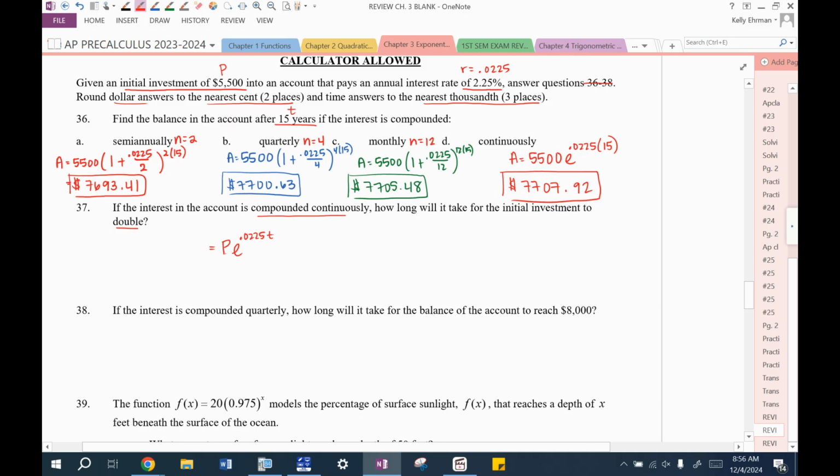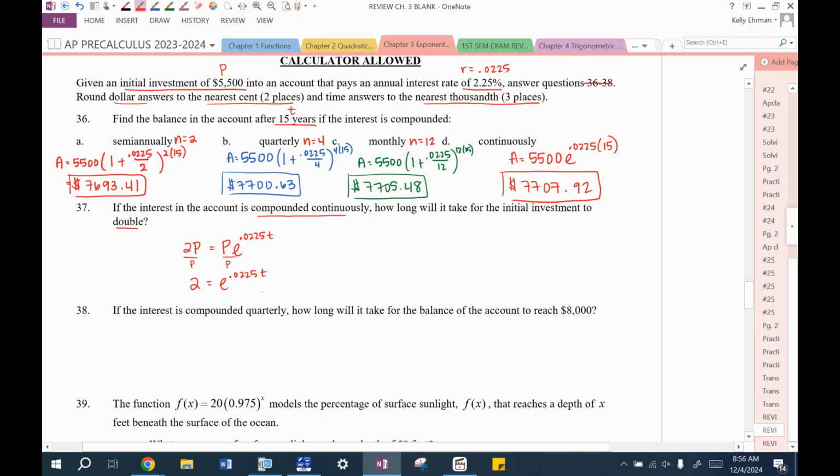If we're just doubling the amount we started with, you would begin by saying, well, that equals 2 times P. And then the first step is to divide by P. So the original amount really doesn't matter. You can go ahead and double 5,500 to 11,000. But then if you divide 11,000 by 5,500, you're just going to get back here to 2 equals e to the 0.0225 t. So you could even start there if you want for your first line.